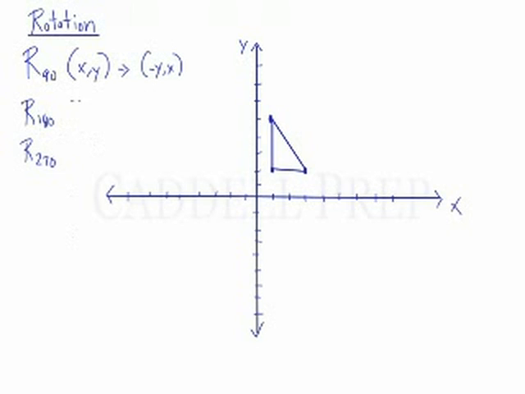To rotate 180 degrees, we take our (x, y) and change it to (negative x, negative y). To rotate 270, we take our (x, y) and change that to (y, negative x).